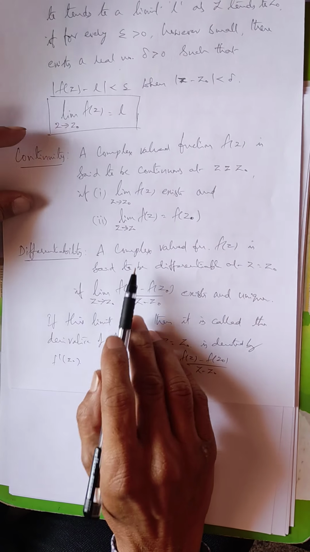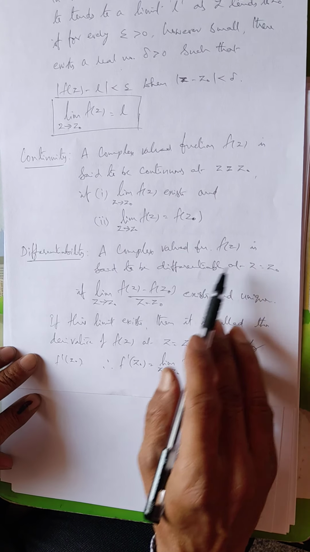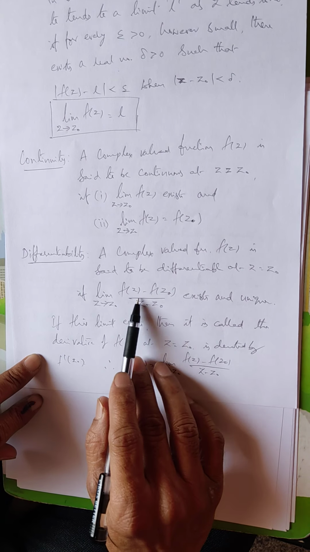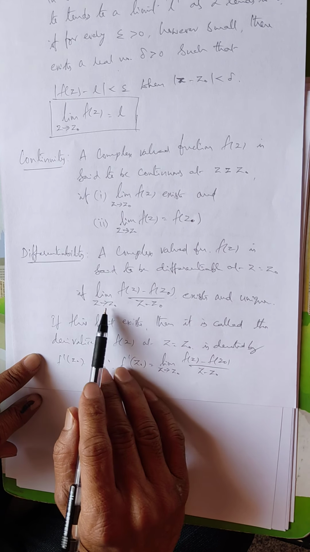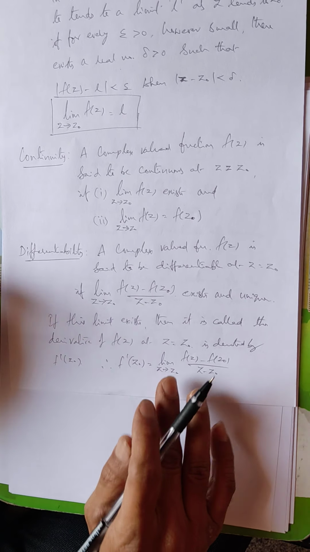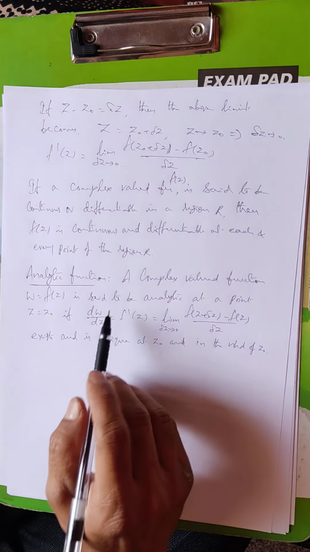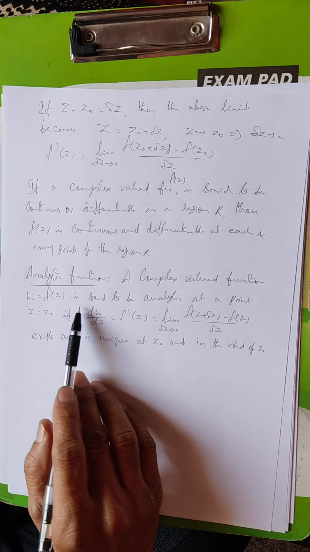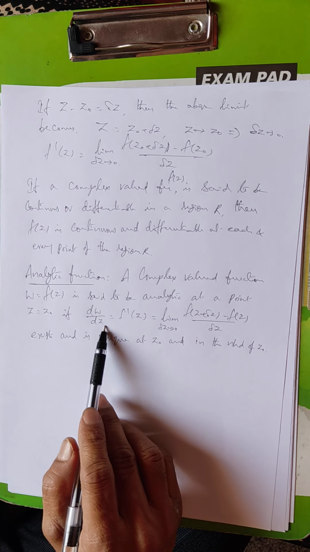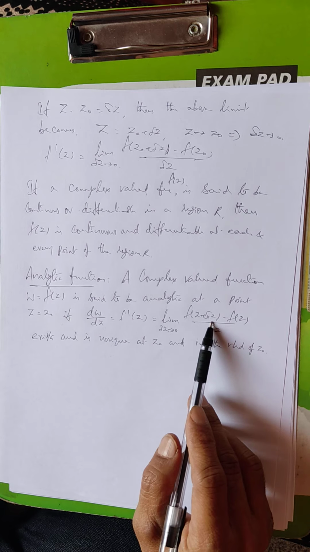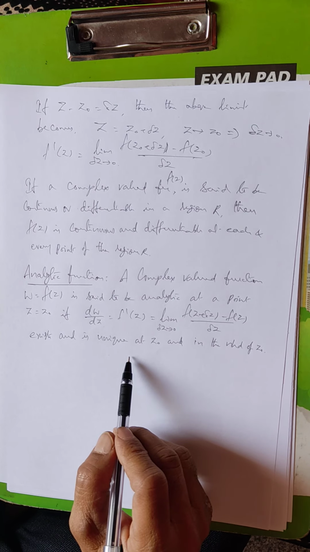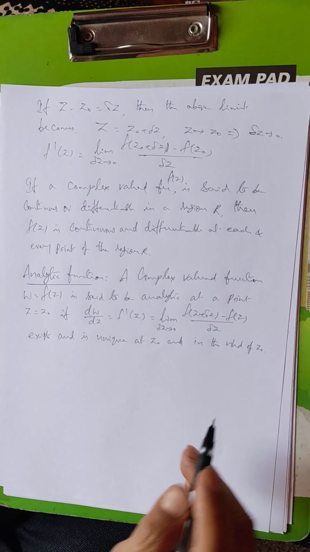Differentiability: a complex valued function f of z is said to be differentiable at z equal to z naught if the limit of f of z minus f of z naught by z minus z naught as z tends to z naught exists and is unique. Here, for an analytic function, a complex valued function w equal to f of z is said to be analytic at a point z equal to z naught if dw by dz is equal to the limit of f of z plus delta z minus f of z by delta z as delta z tends to 0 exists and is unique at the point z naught and also in the neighborhood of z naught.